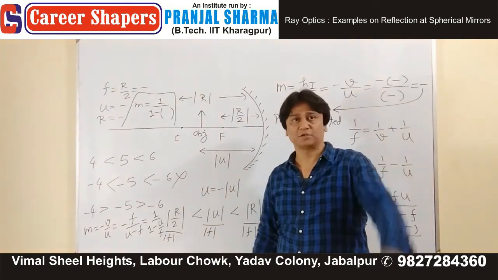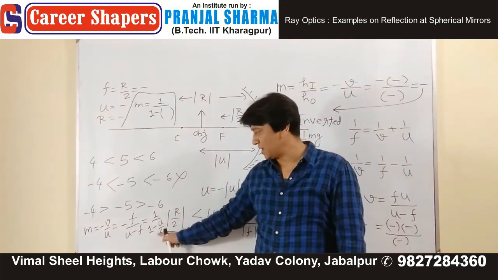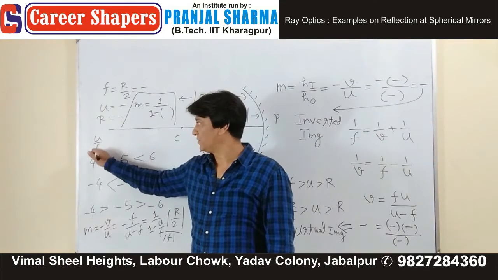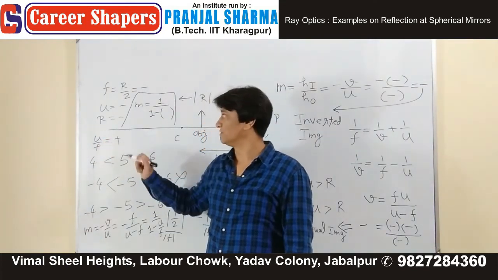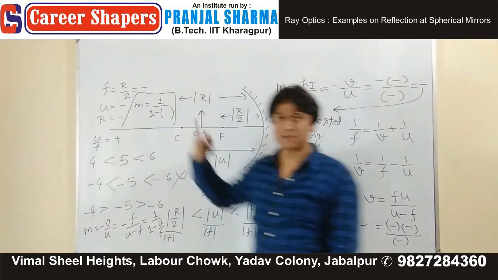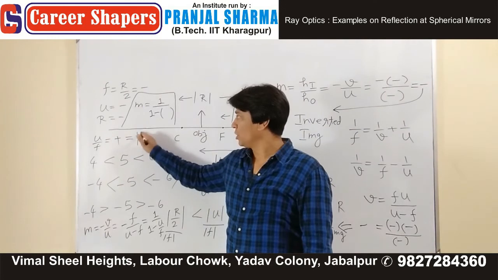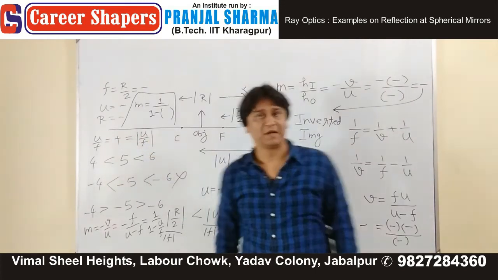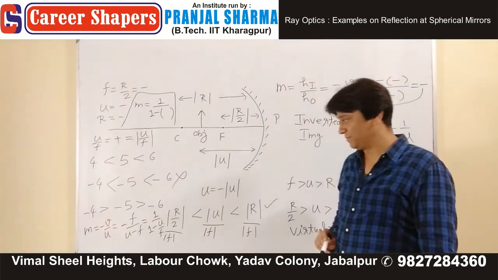Reason being, I am dividing the whole thing by something that is positive. Now, remember this u upon f term, we have already decided is positive. U is negative, f is negative, and therefore u upon f, or mod u upon mod f, are basically the same.